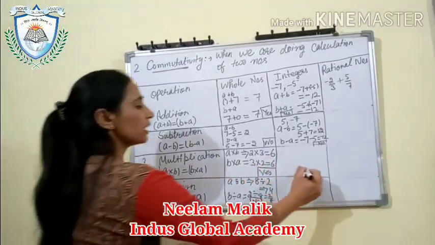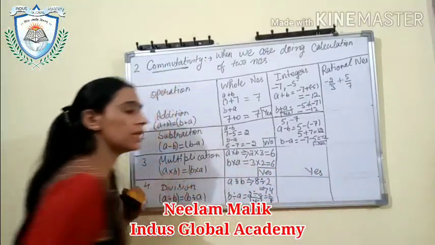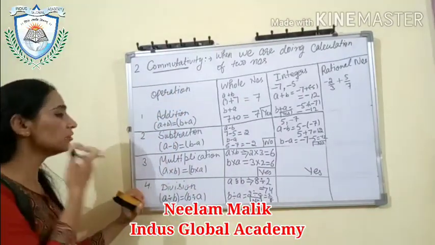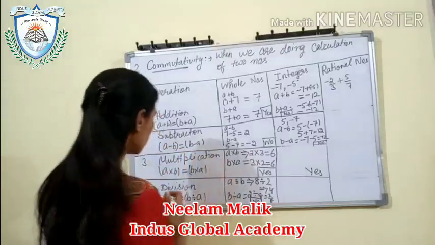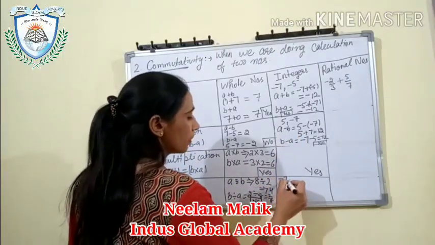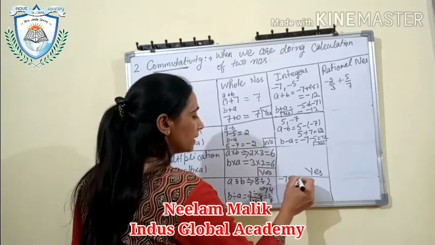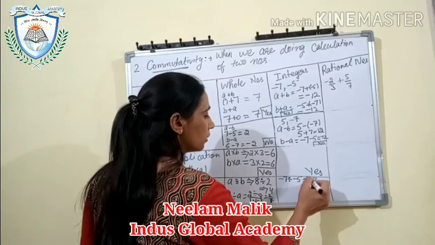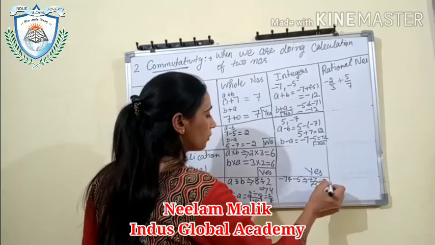Multiplication, you will get yes here, because when you multiply a into b and b into a, both are the same. Let's check for division. Suppose you have any two integers, minus 7 divided by minus 5. What will you get? Minus 7 upon minus 5, the negatives cancel, 7 upon 5.